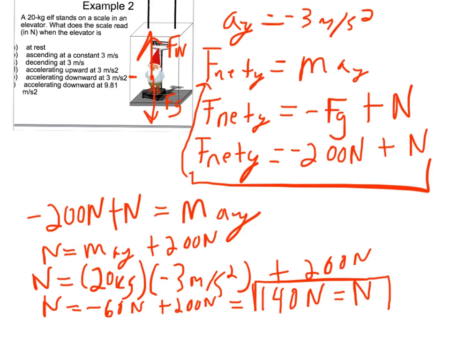Now we're down to our last example. Here we go. So our last example is a pretty interesting problem because of what we're going to find out about the way things work on Earth. So we still have gravity down, still have a normal force up. We made the argument that we're only dealing with y forces.